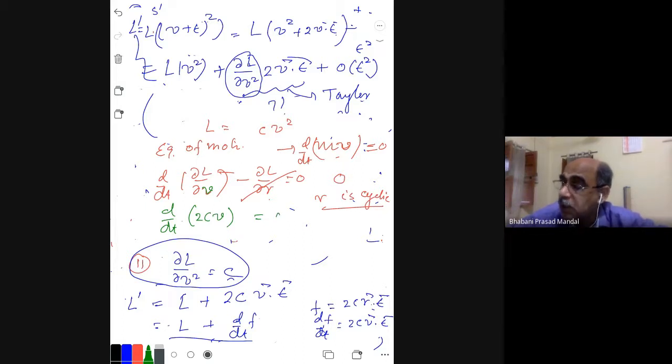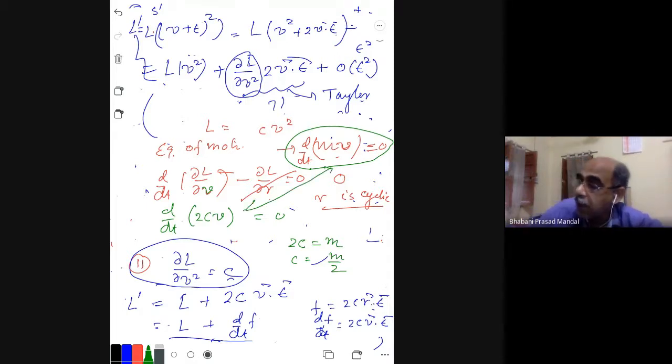So what should C be such that I get this equation? 2C should be m. So if we choose C equal to m by 2, then I get the correct equation. This equation and that equation will be the same.